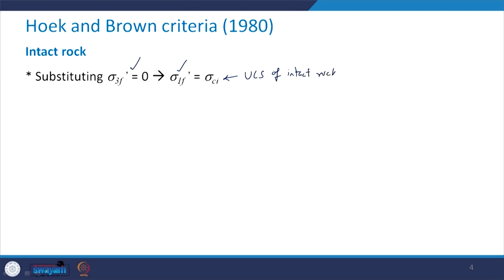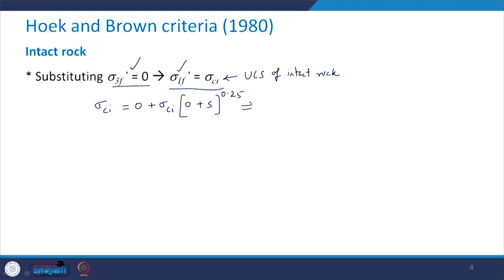So, just substitute these values in the expression, and what you are going to get is, see, I just do it, sigma ci is equal to, first term will become equal to 0 plus sigma ci, and then inside the bracket first term will become equal to 0 plus s to the power 0.5.